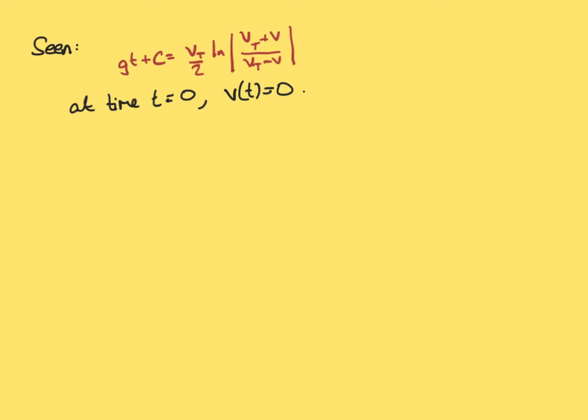Putting that into this equation, we have 0 plus c, because t is 0, is equal to the terminal speed, which just depends on the constants m and c that we saw at the beginning, times the logarithm of the modulus of vt plus 0, because it's at rest, over vt minus 0.